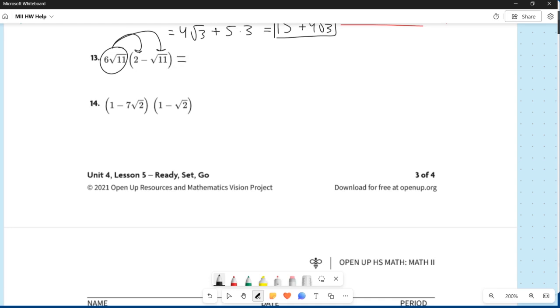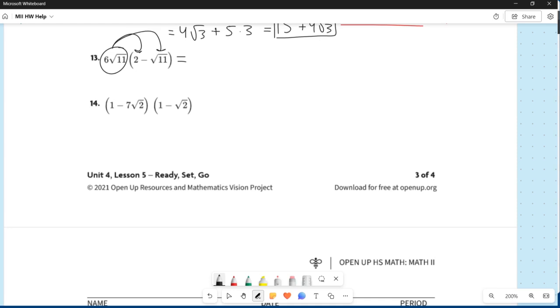So I have 6 times the square root of 11 times 2. Everything is getting multiplied. In this situation, the 6 and the 2 are not underneath the square root.